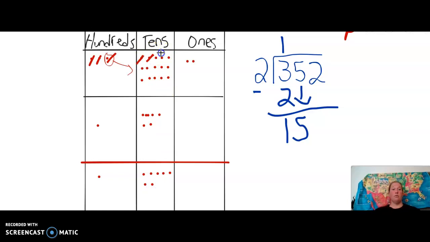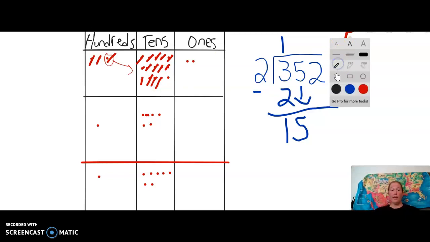So we use 7 in the first group, and then we use 1, 2, 3, 4, 5, 6, 7. Okay, if you notice again, we have 1 left over.